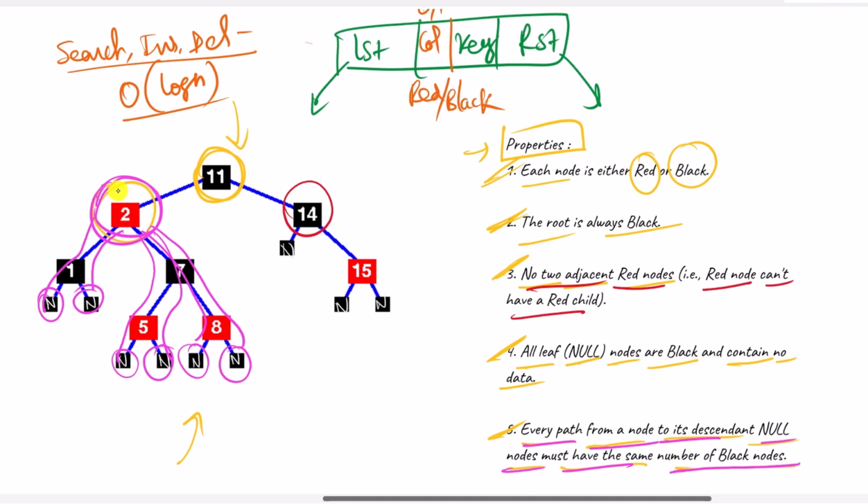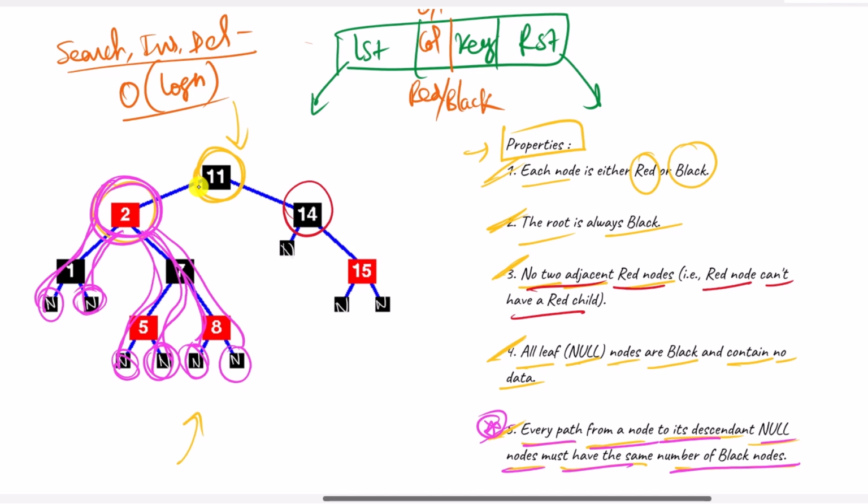If we count the black nodes, if we take this path, you can see we have one black node. If we take this path, we have one black node. If we take this path, we have one black node. So no matter what path we take, we have the same number of black nodes. This is one important property of the red-black tree, and this is applicable to all of the nodes.